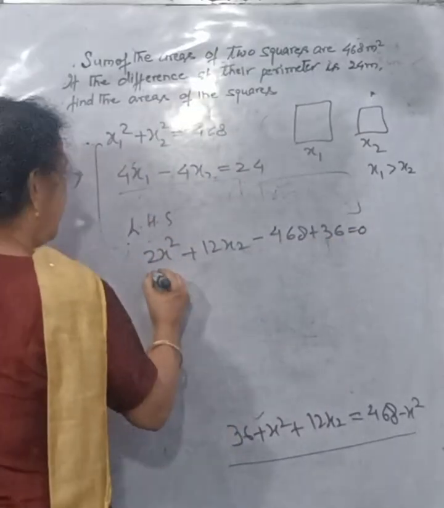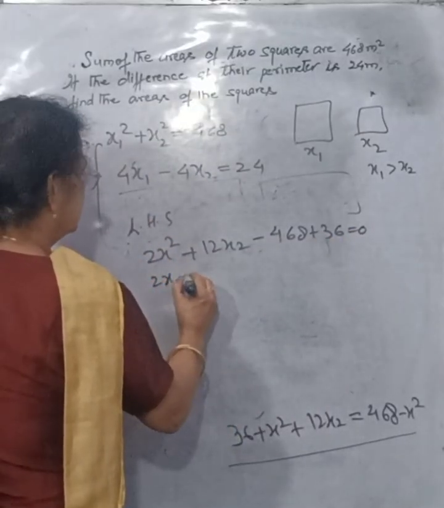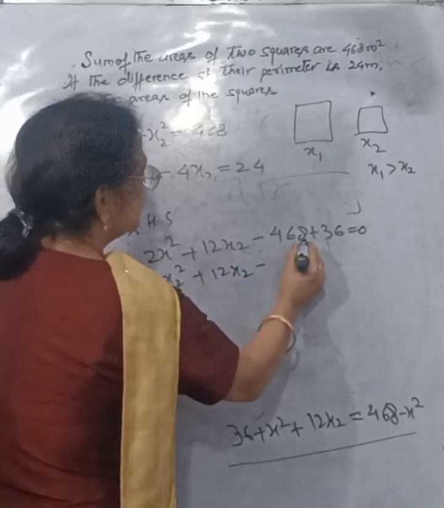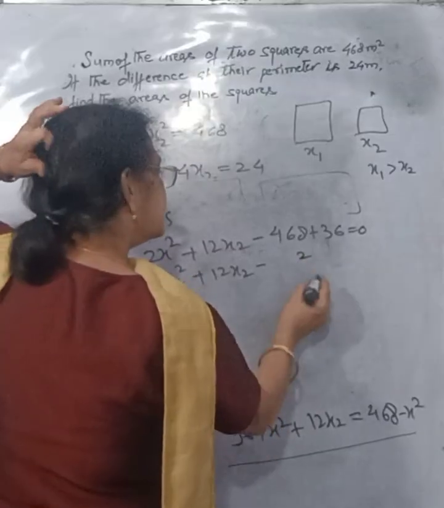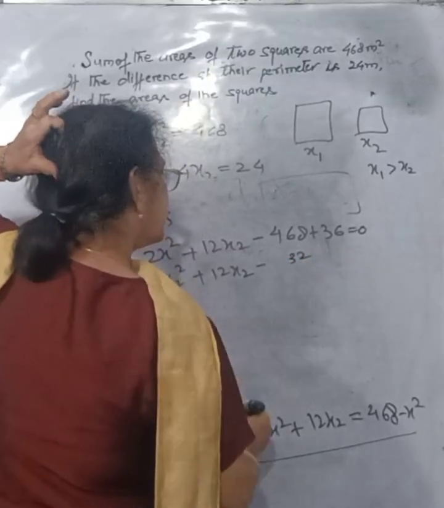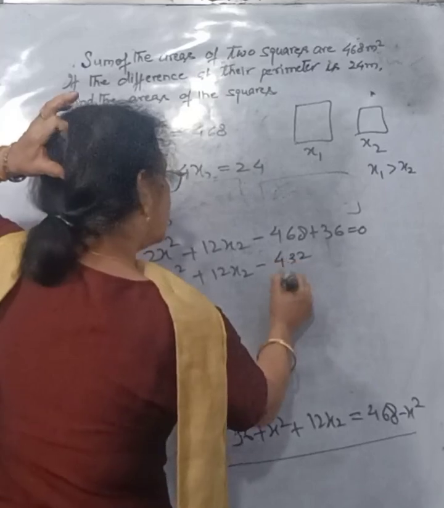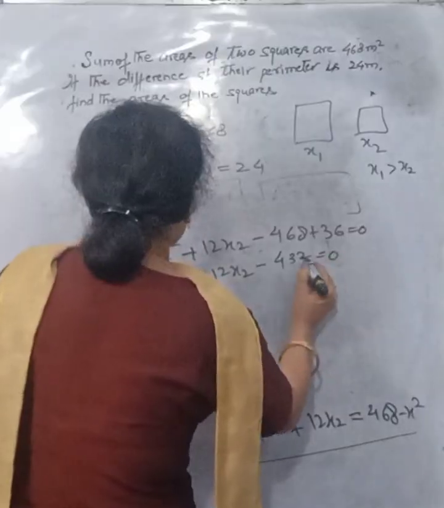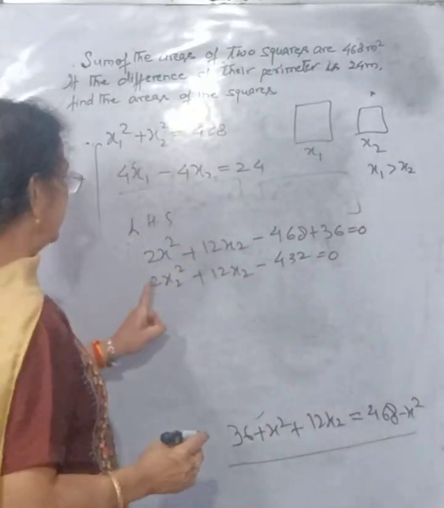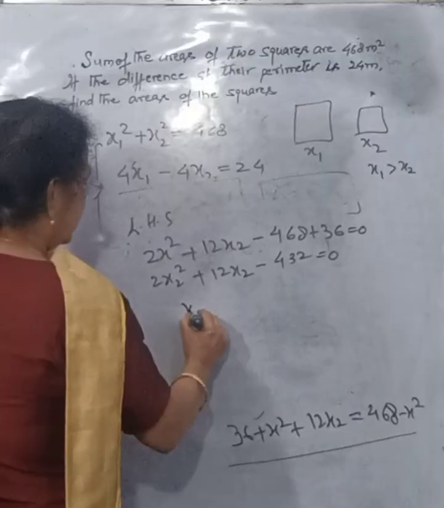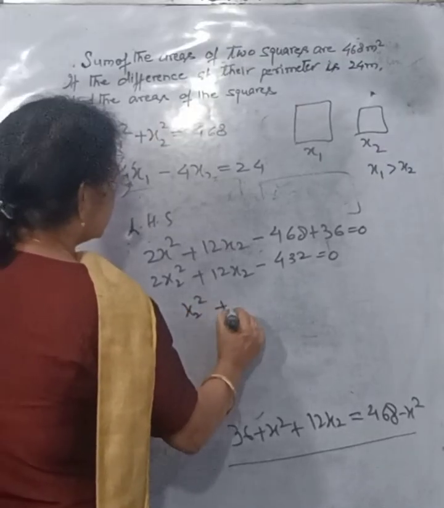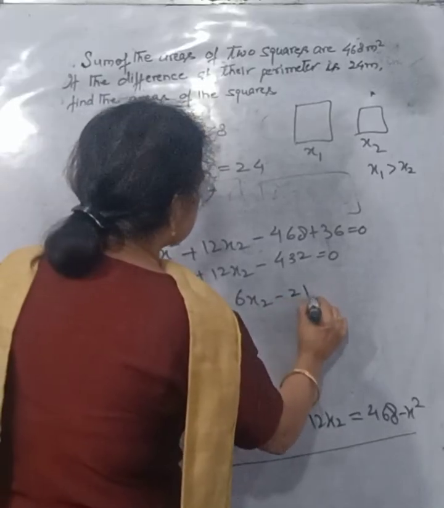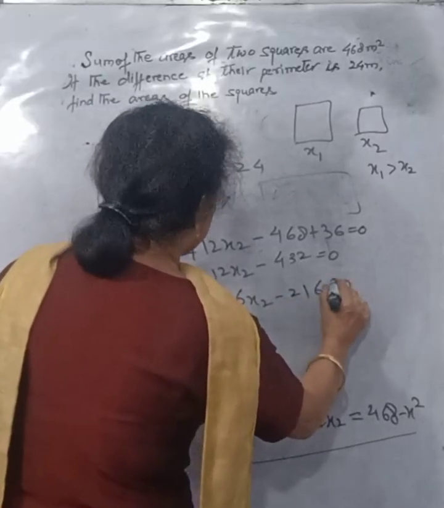This is 2 times x2 square plus 12 times x2 minus 432 equal to 0. This whole equation can be divided by 2. We will get x2 square plus 6 times x2 minus 216 is equal to 0.